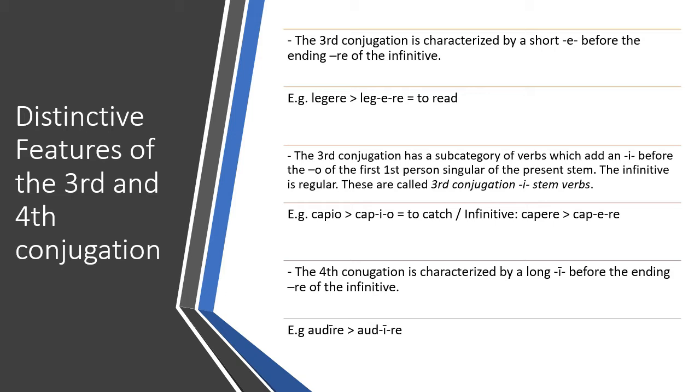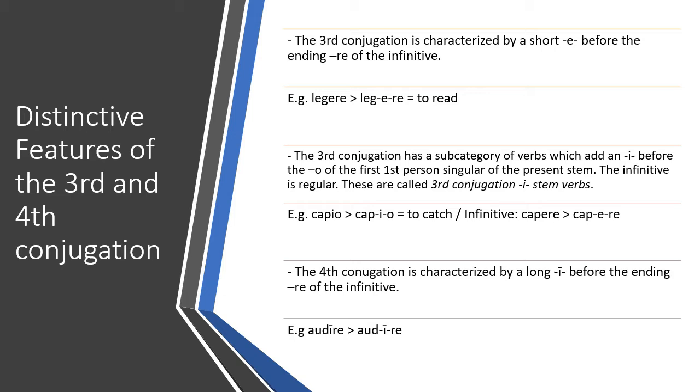But the first person singular, the first principal part, is not capo, as one would expect, but capio, whereas the previous verb, for example, is lego. For an i-stem verb, you will have, of course, capio, with an i before the ending of the first person singular. This i, however, characterizes all the conjugation, so these kinds of verbs keep the i throughout the conjugation.